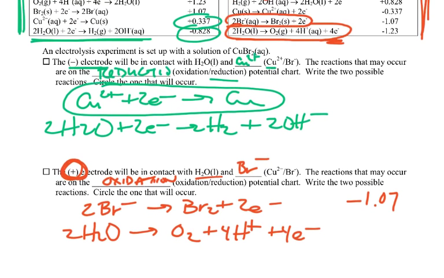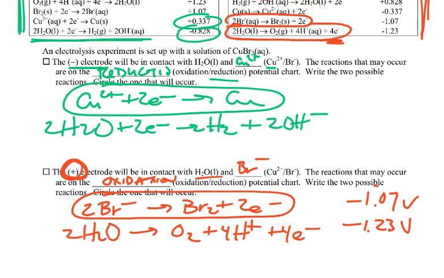This one has a number of -1.23 volts. So of these two, which one's really going to occur? Whichever one has the larger oxidation potential, which in this case is the smaller negative number. The less negative is the larger number, so bromide will change.